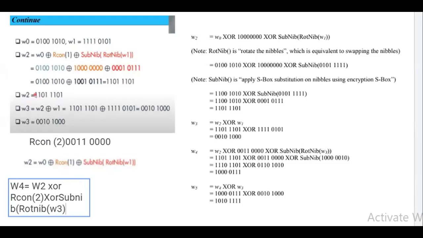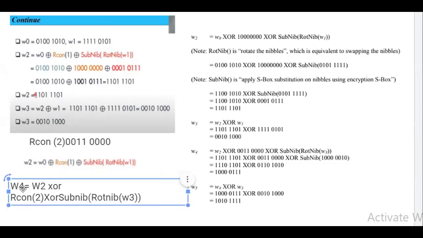W3. That will be the equation in line with W2 XOR round constant 1.